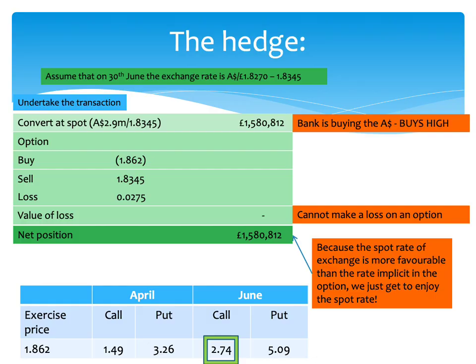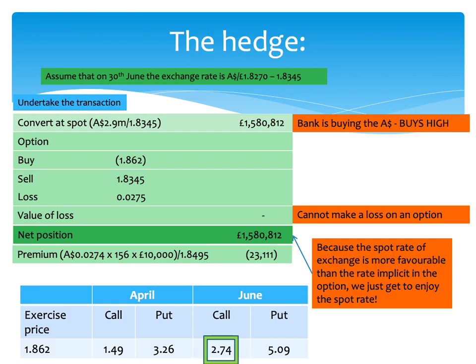Now be careful with this one, because that's not necessarily the same as the underlying transaction. It's how much you've hedged in your contracts. So if we work out the total premium, it's your 2.74 cents multiplied by how much you've hedged in contracts.